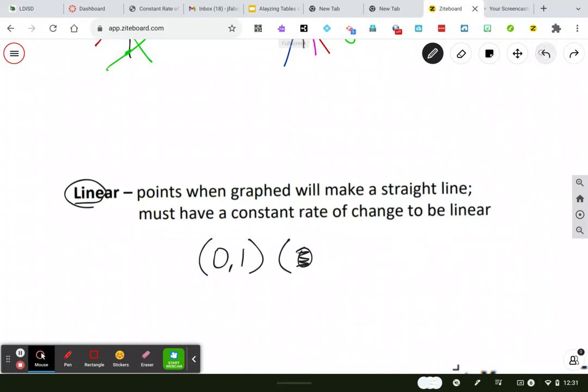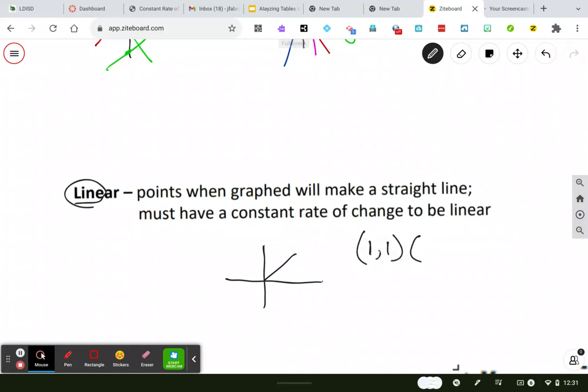Let me give you a better line here because I'm making this up as I go. So 1, 1, 2, 2, 3, 3. So what that means is I go over 1, up 1, over 2. Actually, I'm going to go up 3. Let me just redo this line. Okay, we'll get rid of that.